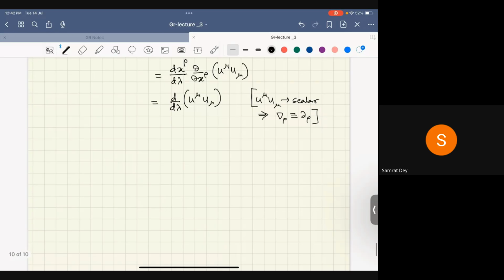So u^ρ ∇_ρ, let us start with this expression now, u^μ u_μ. This I will write as u^ρ ∇_ρ u^μ u_μ plus u^μ ∇_ρ u_μ, or covariant μ.